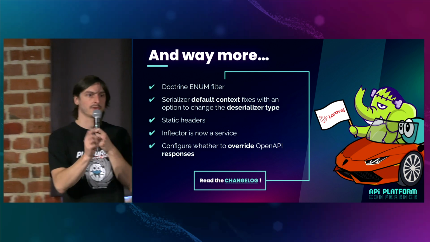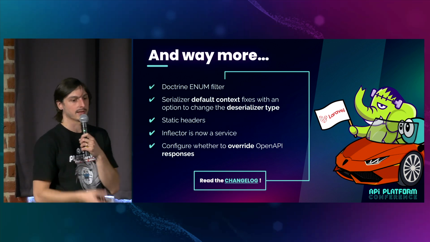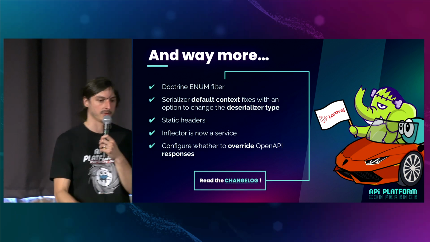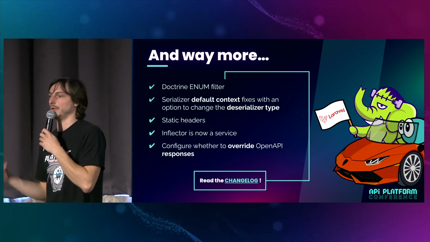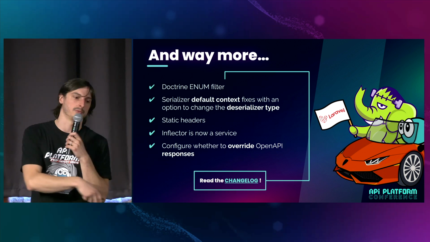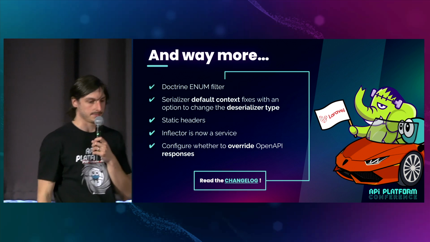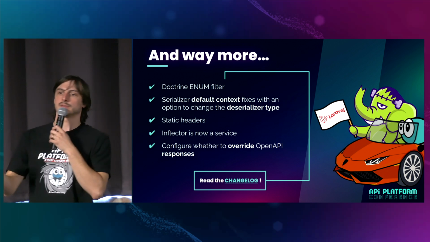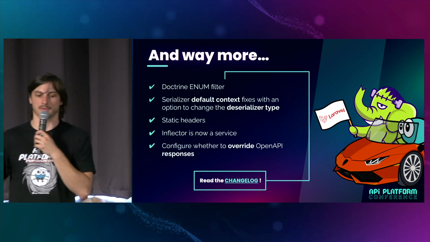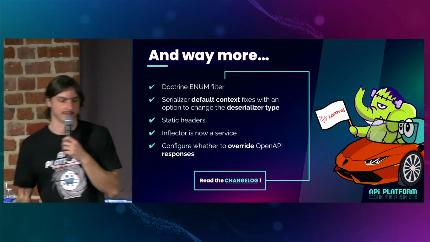The inflector is used to pluralize routes. So it's an endpoint that was quite missing and is now available. And you can configure whether API Platform overrides your responses or not. This was also quite hard to change. Read the changelog and don't hesitate to say, oh, I think it's missing something. I do make many mistakes.